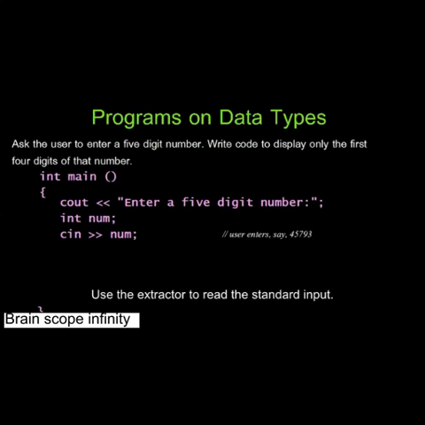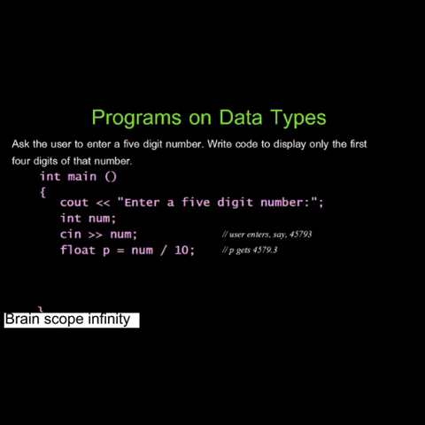Use the extractor to read the standard input. The variable number will contain the entered number. Divide the entered number by 10 and store the result in a float.